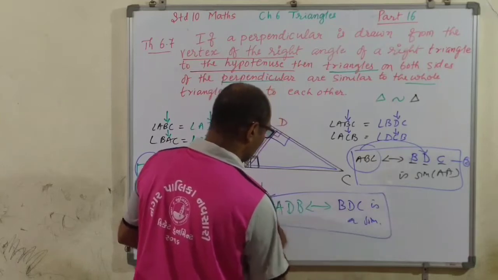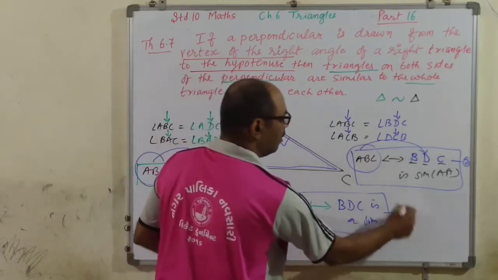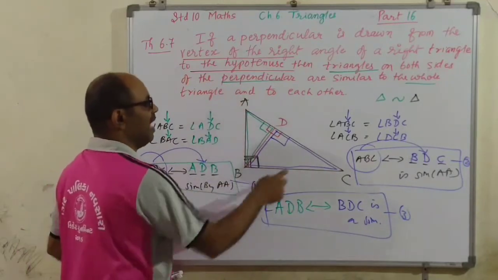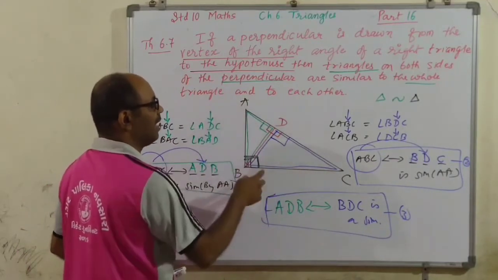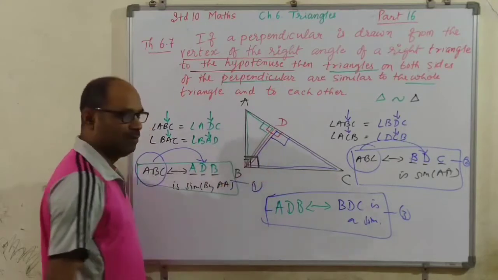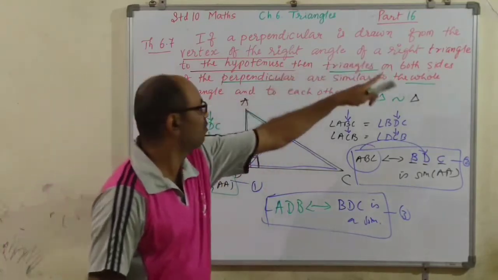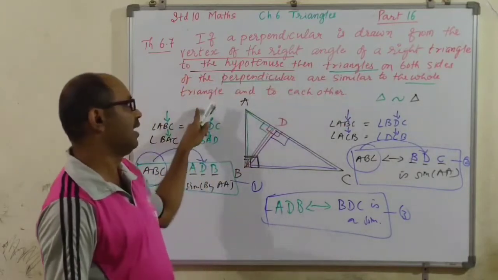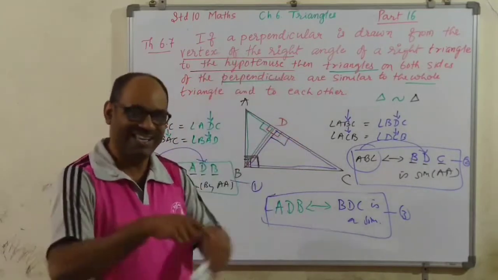Alright. So this is the third result. So you can say green is similar to black, blue is similar to black, and green is similar to blue. So triangles on both sides of the perpendicular are similar to the whole triangle and to each other.